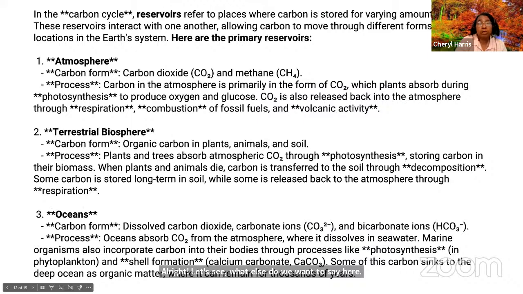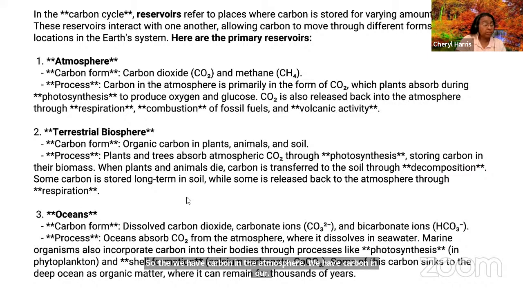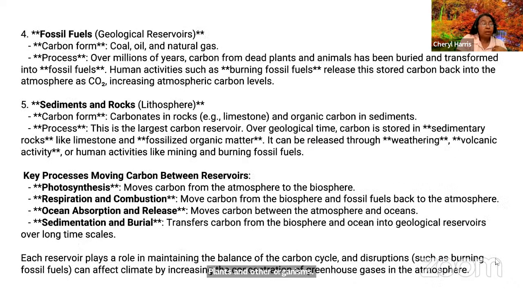So we talked about carbon reserves. We have carbon in the atmosphere. We have carbon stored in the trees and in plants and other organisms. It's stored in the oceans, in fossils, and in the rocks. The way it moves between the reservoirs is photosynthesis, respiration, and combustion. Combustion is the thing that man is doing.